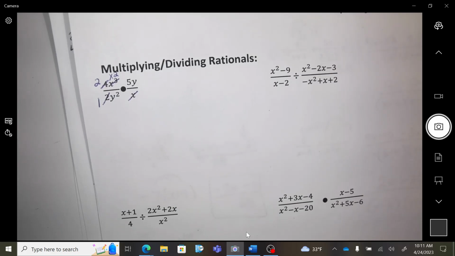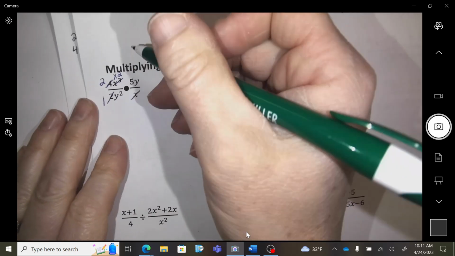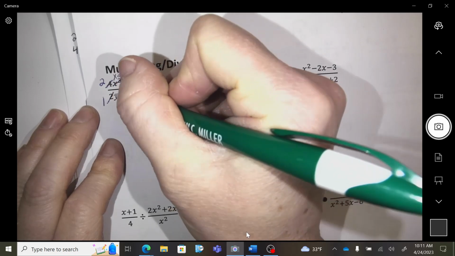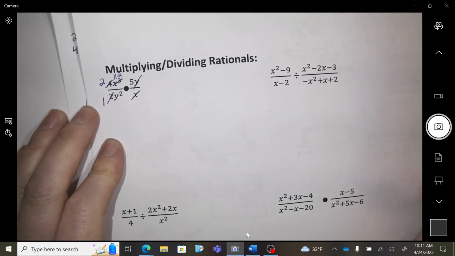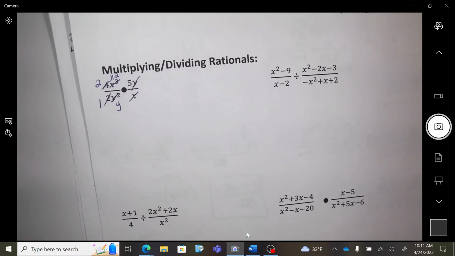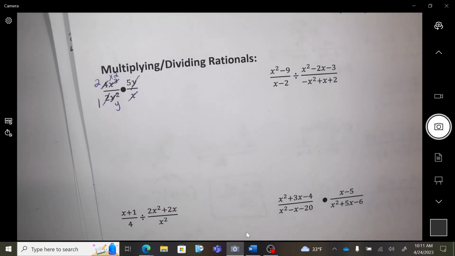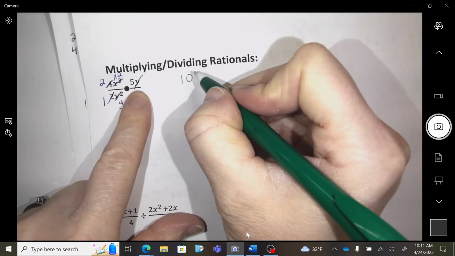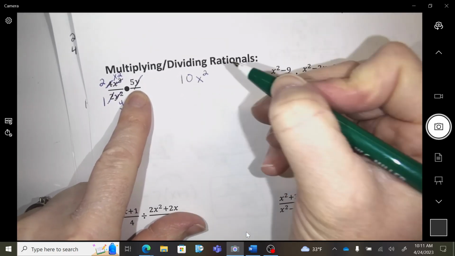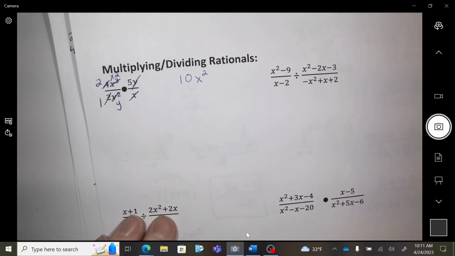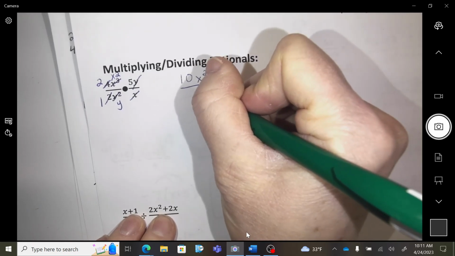Looking at the y's from the top, y's from the bottom, there's a y I could divide by, so this would cancel. And y squared, if you divide a y out, is just a y. So the final answer is 10x squared on the top. Do you see the 2 and the 5 made the 10? x squared over y.